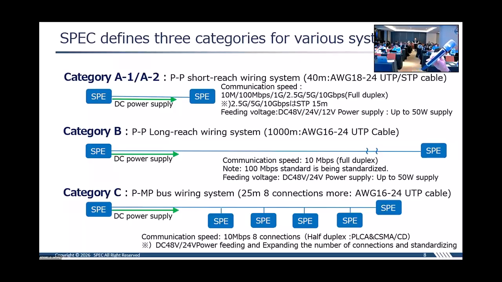As you see, currently, it much depends on which transmission speed you expect. So for 10 megabps, not a gig, we will support 1,000 meters for point-to-point. For point-to-multipoint, it will currently support 25 meters for 8 connections. Okay, thank you.